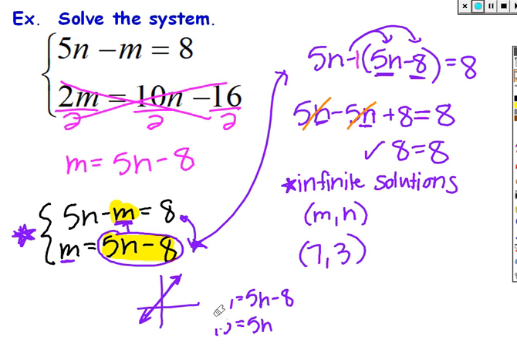So any coordinate that makes the equations true would be a solution. And in this case, there's an infinite number of solutions. Really, any coordinate that makes the equation true would solve the system.